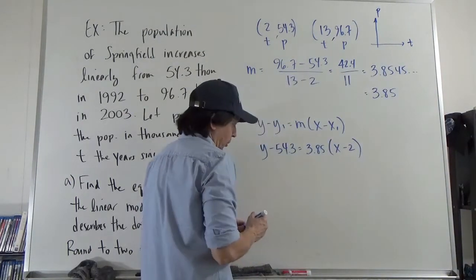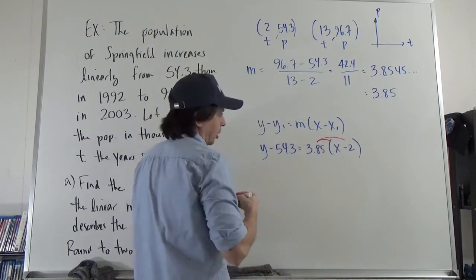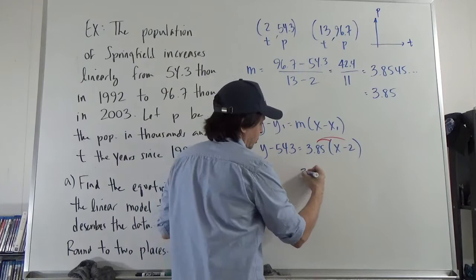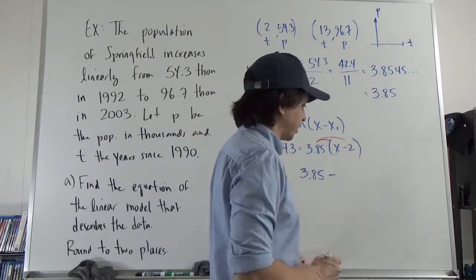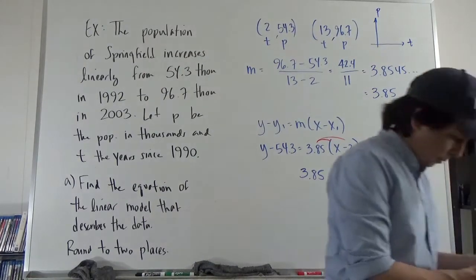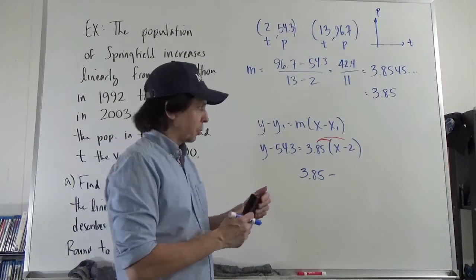I'm going to distribute the 3.85. 3.85 times x minus whatever I get when I do 3.85 times 2. $7.7.